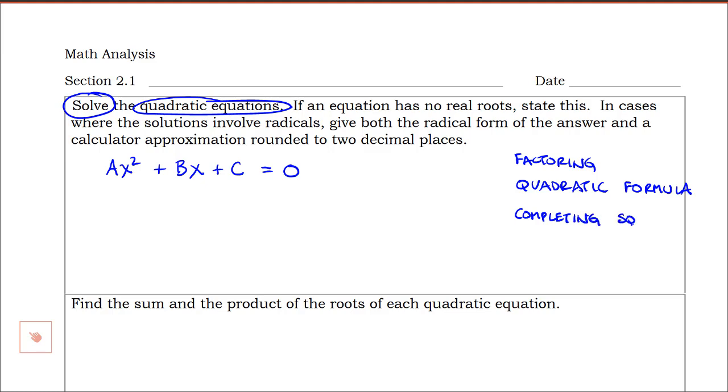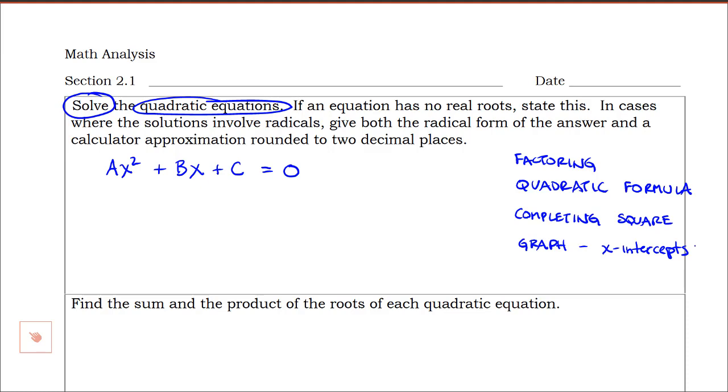And another method. It's not a very good method, you're right. But you're looking for what? You graph it and you're looking for x-intercepts.